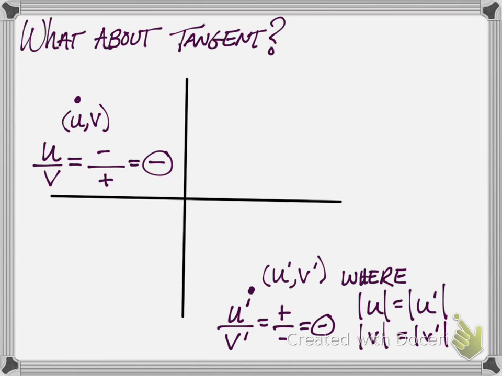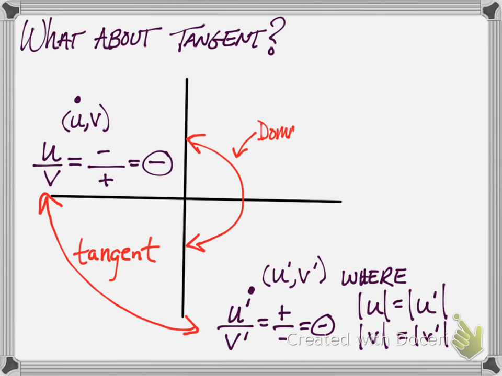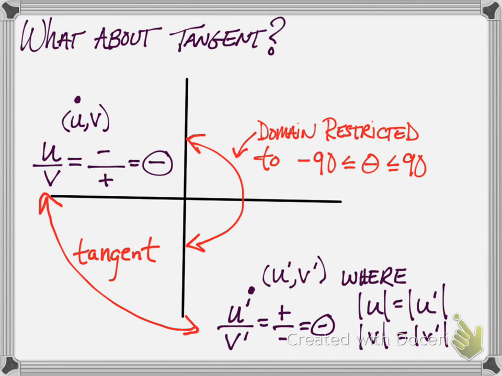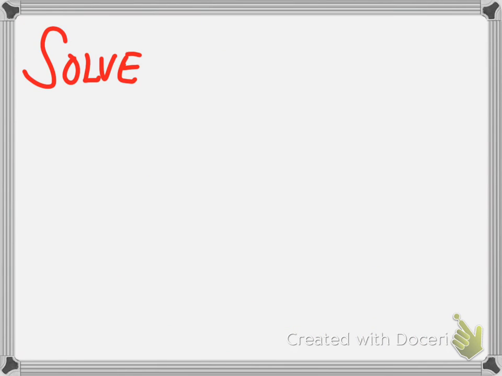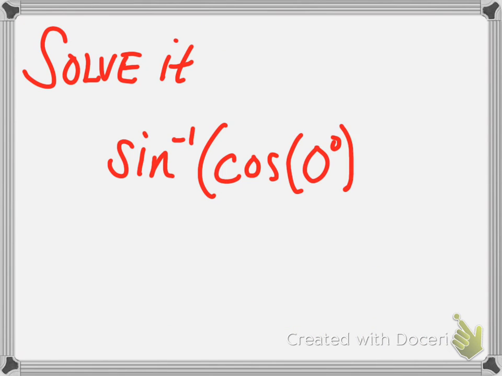U prime over v prime is positive over negative, which is still a negative result, and in the end, it's the same value. So we restrict the domain for tangent to the same thing that we do for sine, between negative 90 and 90.